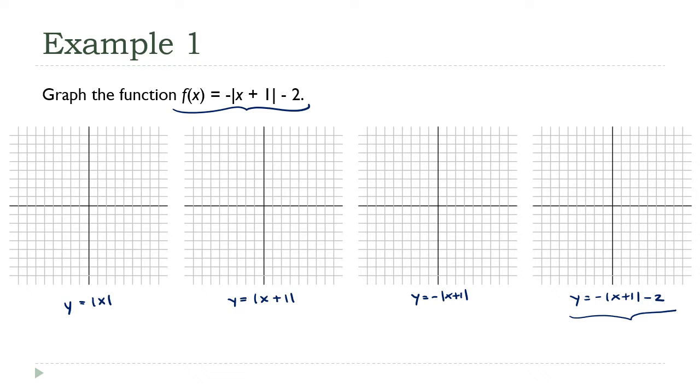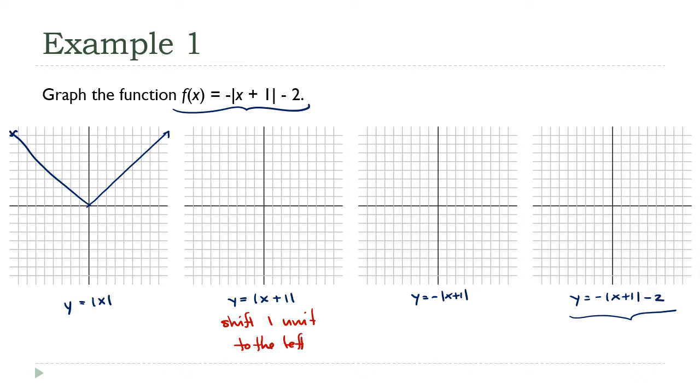I'm going to start with y equals the absolute value of x, and that has this V shape. All right, now, what effect does this plus 1 have? Well, this shifts 1 unit. Remember, this is the backwards one: positive 1 shifts to the left.